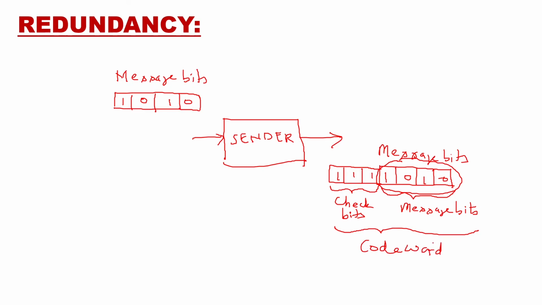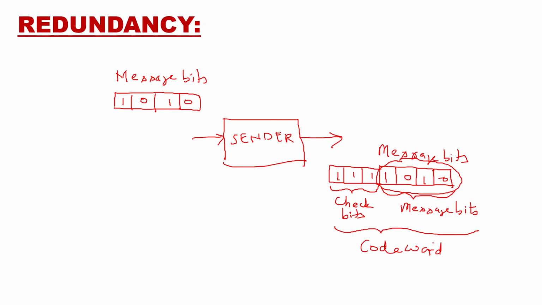That is, along with message bits at the sending end, or at the transmitter, you are going to add certain extra bits in order to check errors at the receiver. Those bits which are not carrying any information are called redundant bits, and the process of adding these bits is known as redundancy.